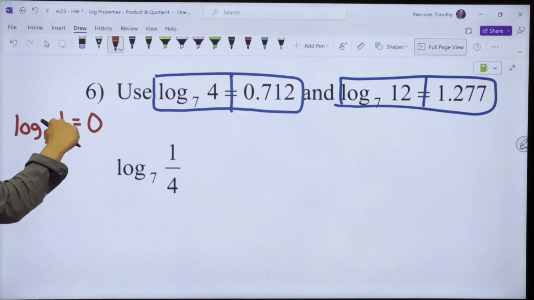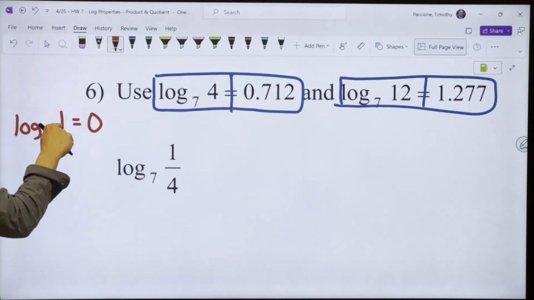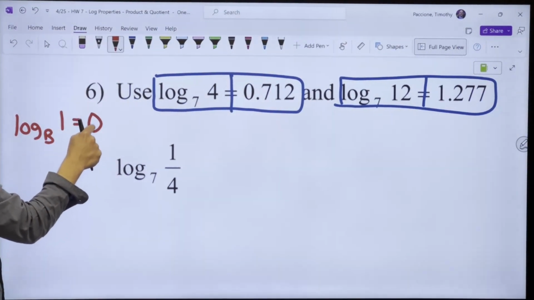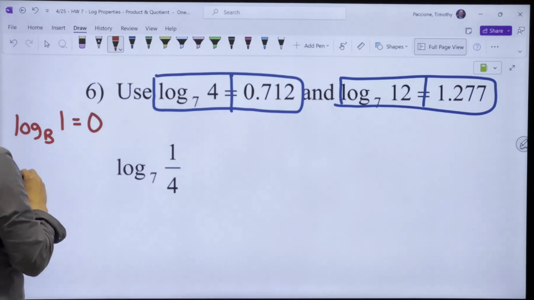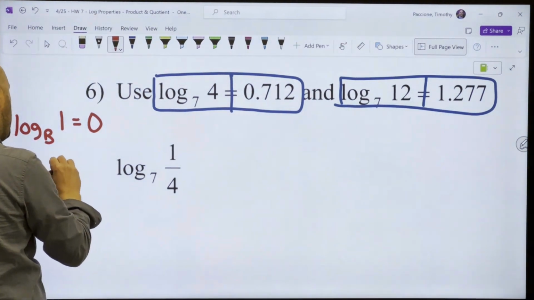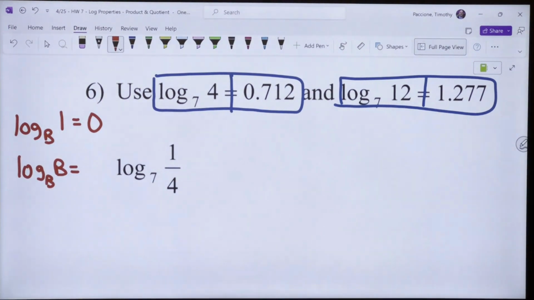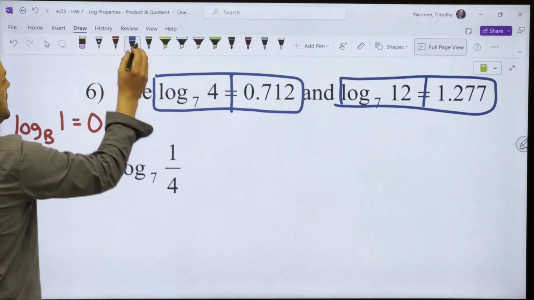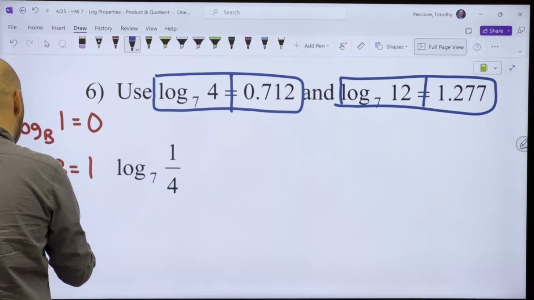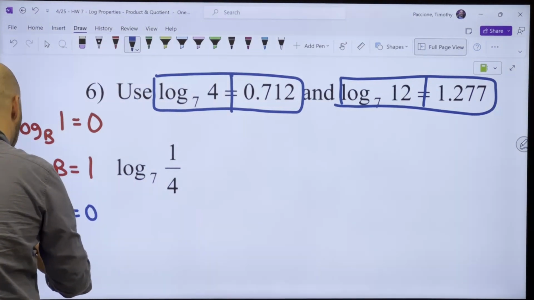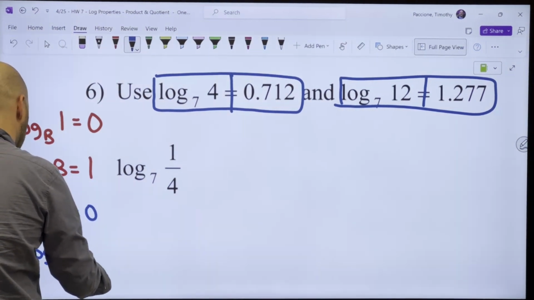Anything to the 0 is 1. So if 1 is our answer in any log, it doesn't matter what our base is, that log is equal to 0. We also know the log of any base where the answer is also the base has to be 1, because anything to the 1 is itself. So how does that help us here? Well, we know log base 7 of 1 equals 0, and log base 7 of 7 equals 1.